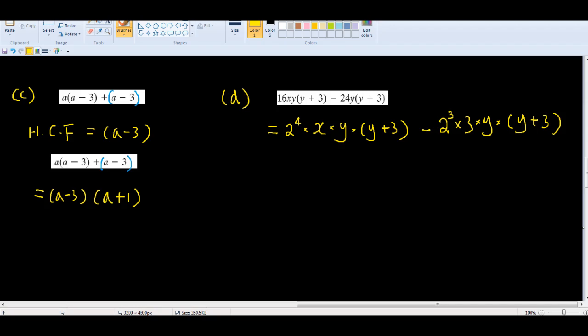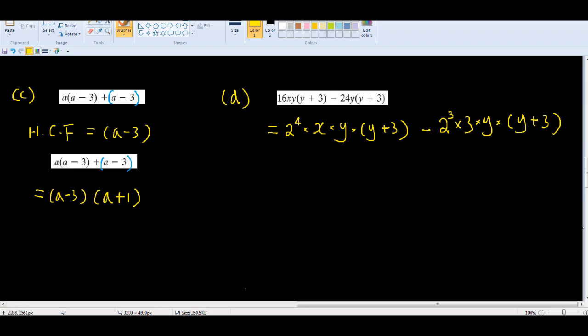Another thing is when you take out that a minus 3 as the highest common factor, what is left behind? The first term will be no problem, it should be a. But the second term is the same thing: a minus 3 divided by a minus 3 equals 1, not 0. If you got 0 or nothing there, it's wrong. It should be 1.